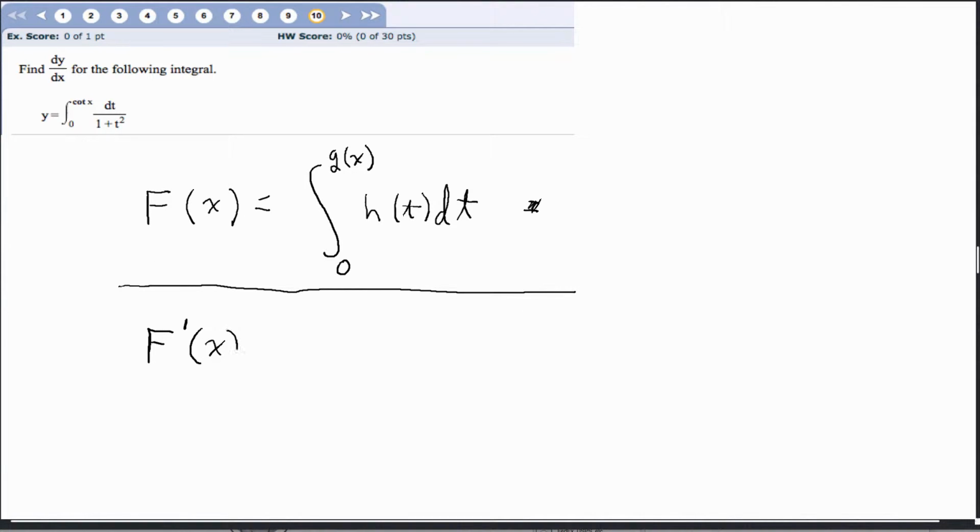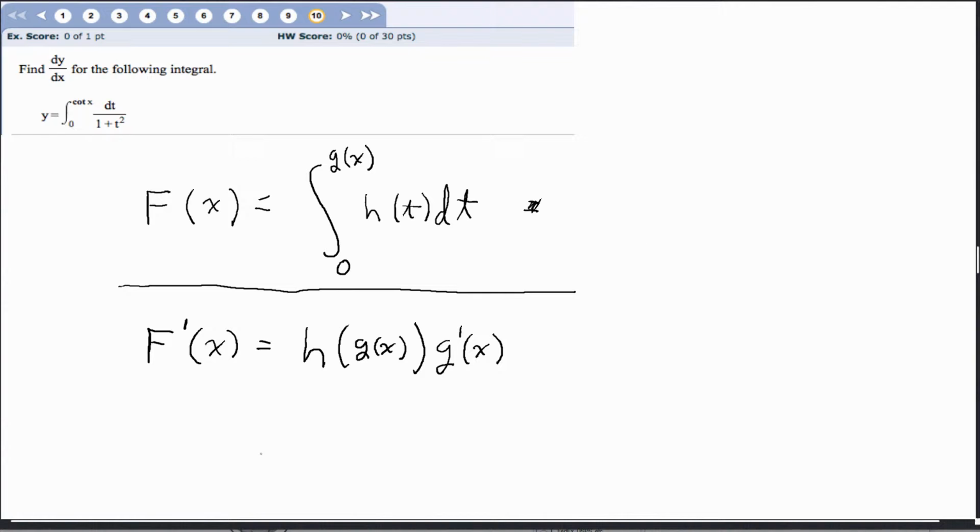The derivative would be equal to, well, first I have to calculate the derivative of the last function being applied. So that's h, its derivative, evaluated at g of x times g prime of x, right? Because we know, yeah, that's what it has to be.